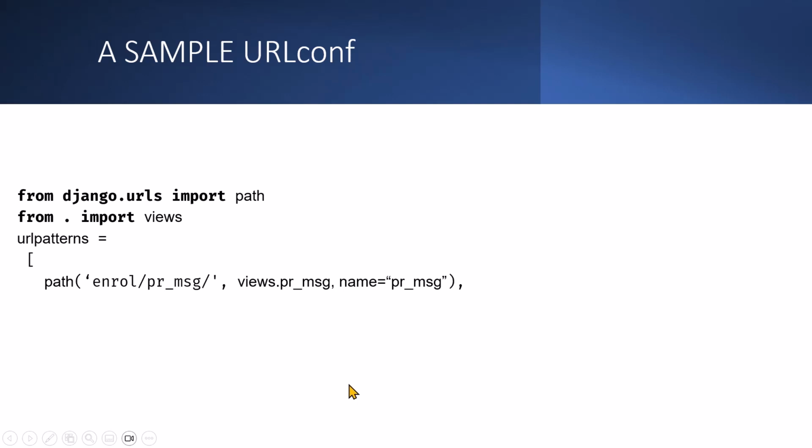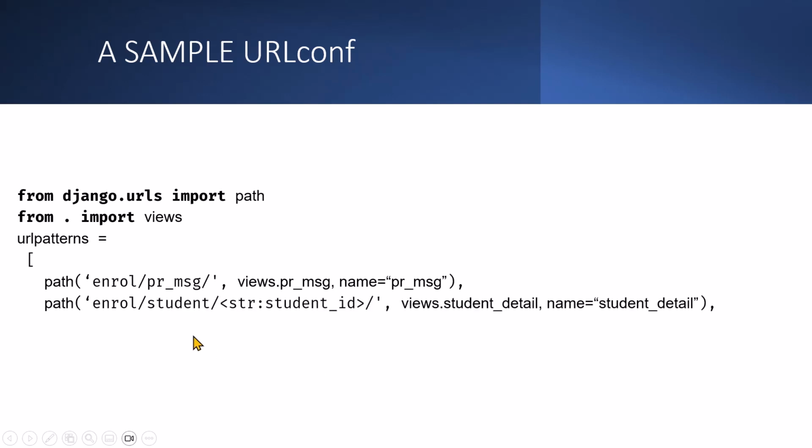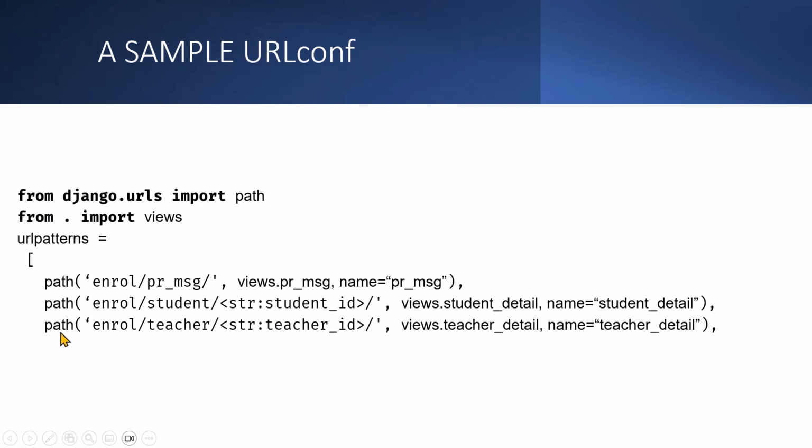That is optional. In the second path, we have the route, and here we are using angle brackets so that we can pass a keyword argument as part of that route. Then we have the view function to be called and the name to be used in the template. Similarly, you have one more pattern there, again using angle brackets to pass in a keyword argument as part of the route, followed by the view function and the name.